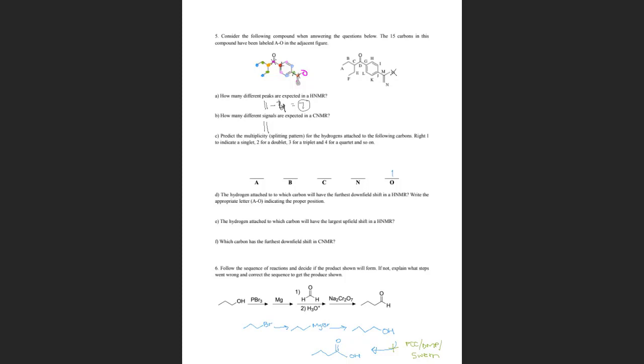For part A, how many different peaks are expected in an HNMR? So we did count N for A. Basically D isn't possible, G isn't possible, J isn't possible, and M isn't possible. But N can still have HNMR signals.